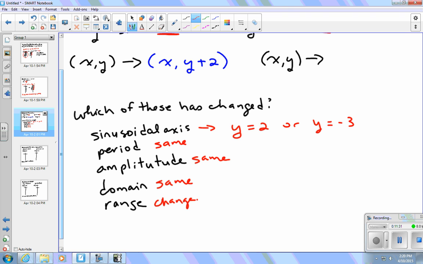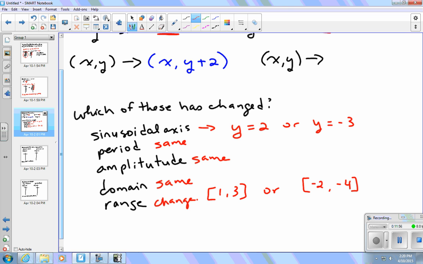In the first case of y equals sine of x plus 2, notice that the lowest value was 1 and the highest value was 3. And in the second case where we subtracted 3, our highest value was negative 2 and our lowest value was negative 4.